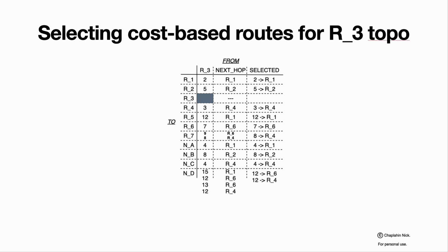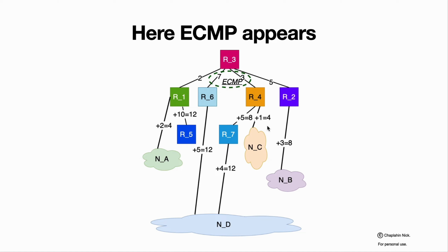So in other words, this value displays that we can reach network D from R3 by two different paths with the same minimum cost 12, and we can use different next hops, which causes the appearance of the ECMP group, and the ECMP group appears only for traffic destined to network D.